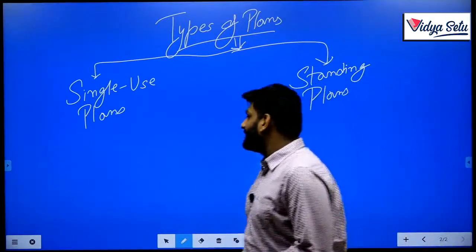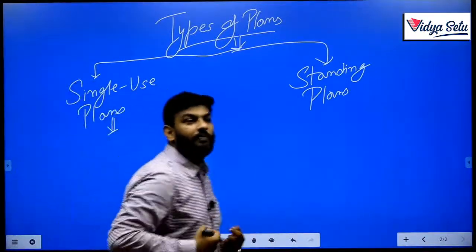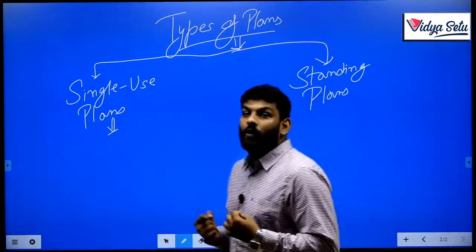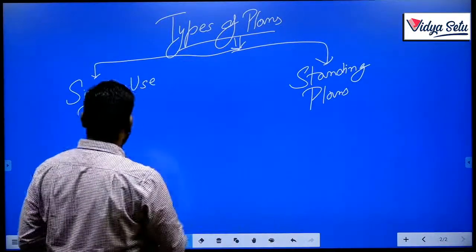Single use plans are made for one particular purpose or one particular situation or one particular project only, or I must say they are made only for a specific situation or a specific project.